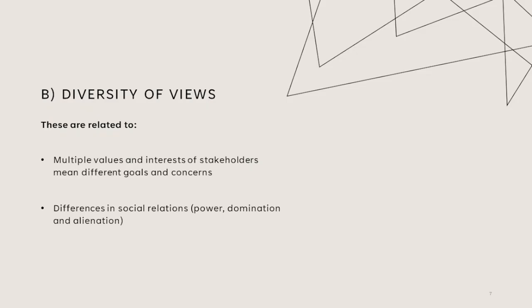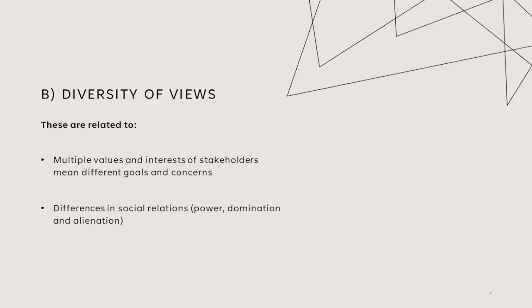Diversity can also come from, and this is important to keep in mind, differences in social relations in relation to power, domination, and even alienation of people. This exists between individuals and groups in different hierarchical, economic, and political positions.